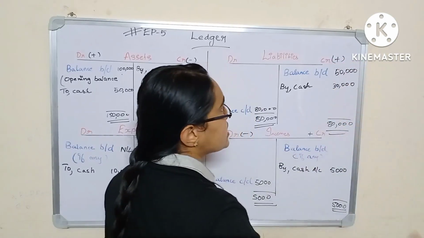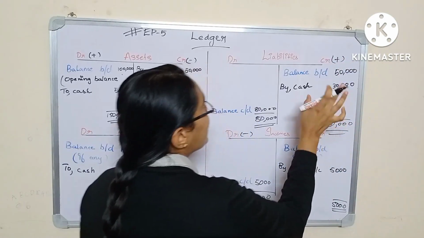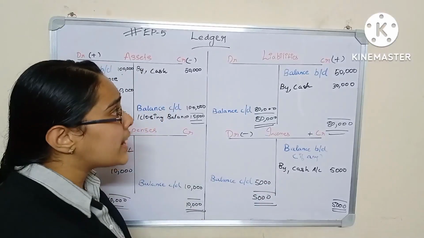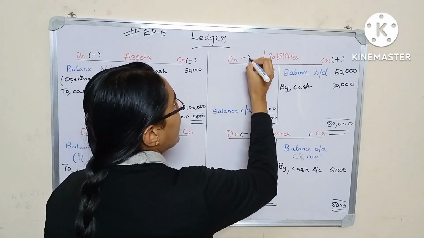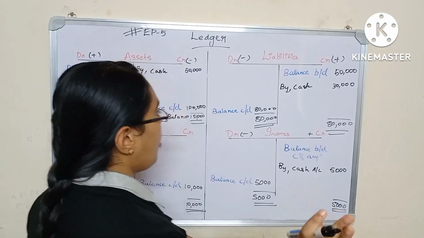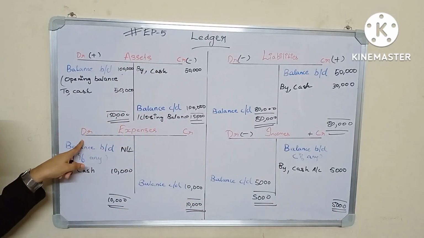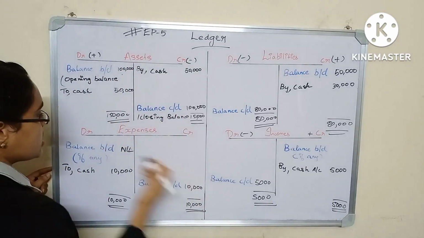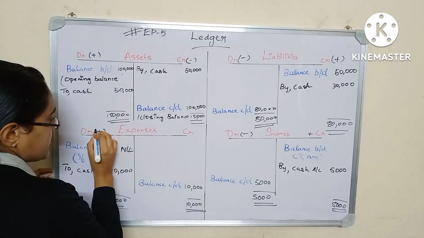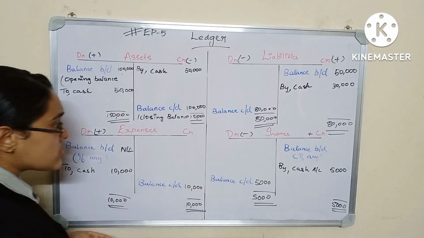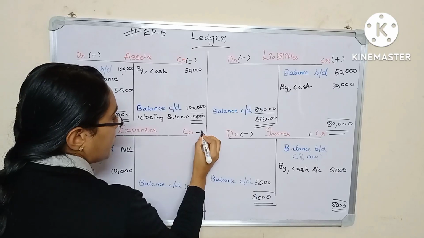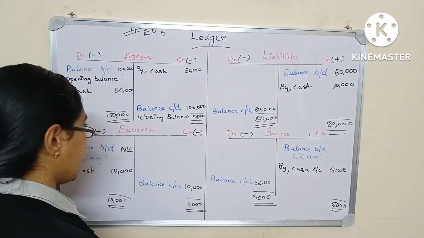If you want to increase, you can write the entries on the credit side, and if you want to decrease your liabilities, you will write it on the debit side. Similarly, in expenses, to increase it you will write it on the debit side, and if you want to decrease your expense, you will write it on the credit side.